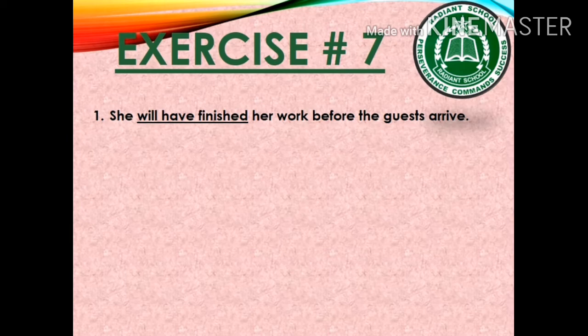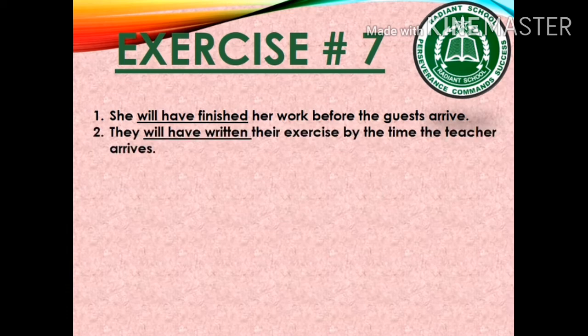So we cannot have the combination of present and past as we discussed earlier. So here you can see the combination of present indefinite and future perfect tense. Got it? The second sentence is: they will have written their exercise by the time the teacher arrives.